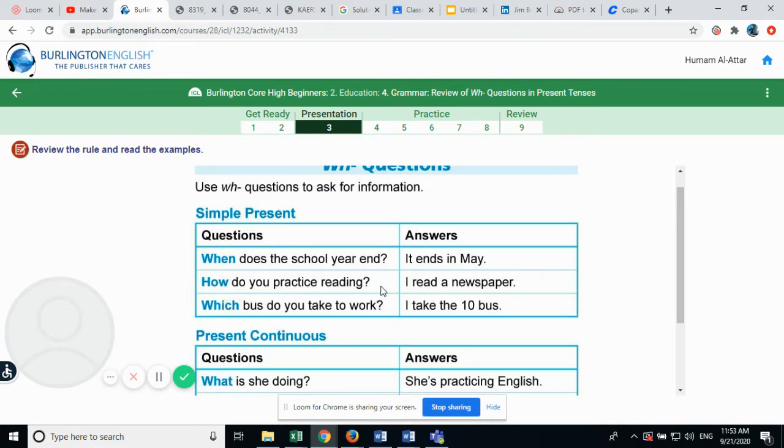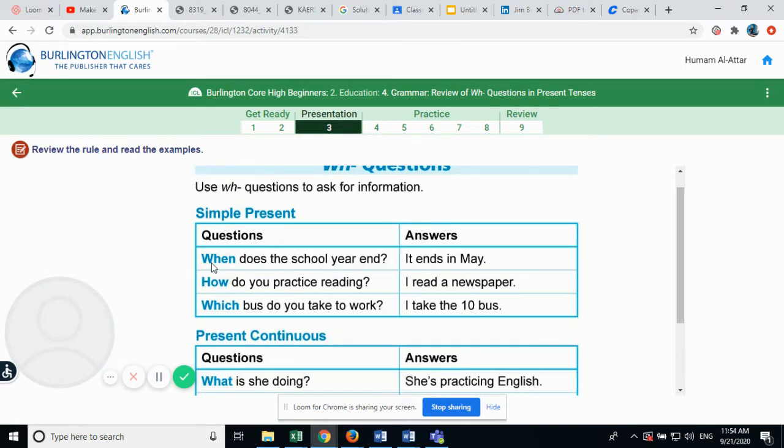How do you practice reading? I read a newspaper. Which bus do you take to work? I take the 10 bus.